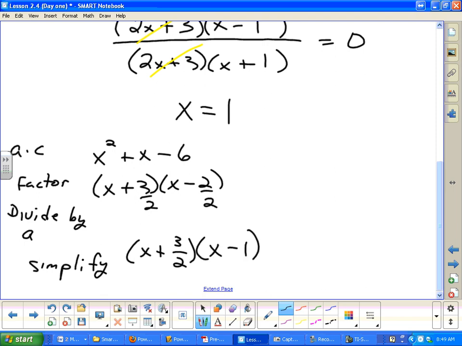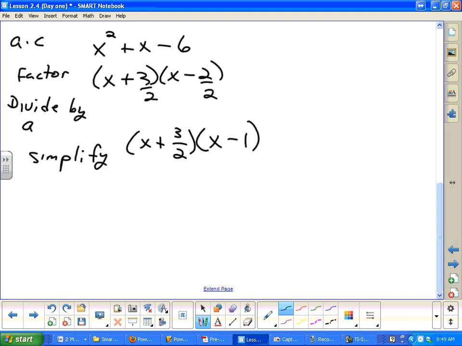Now, the reason I wanted to show you this is that if I'm trying to solve an equation, then I'm done. I don't need to go any farther, because this tells me that the 0 for x plus 3/2 is -3/2, because it's the opposite, right? And the x here is positive 1.